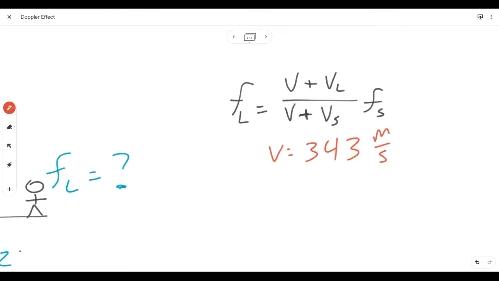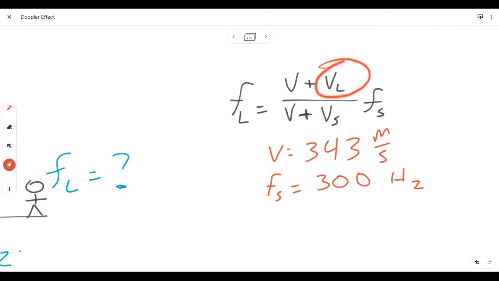Now, we know, like I just said, the frequency of the source is 300 hertz. VL stands for listener velocity. So if the person listening is moving, then you'll have a number to plug in for VL. But in this case, we're standing still. So we're going to plug in 0 for VL.